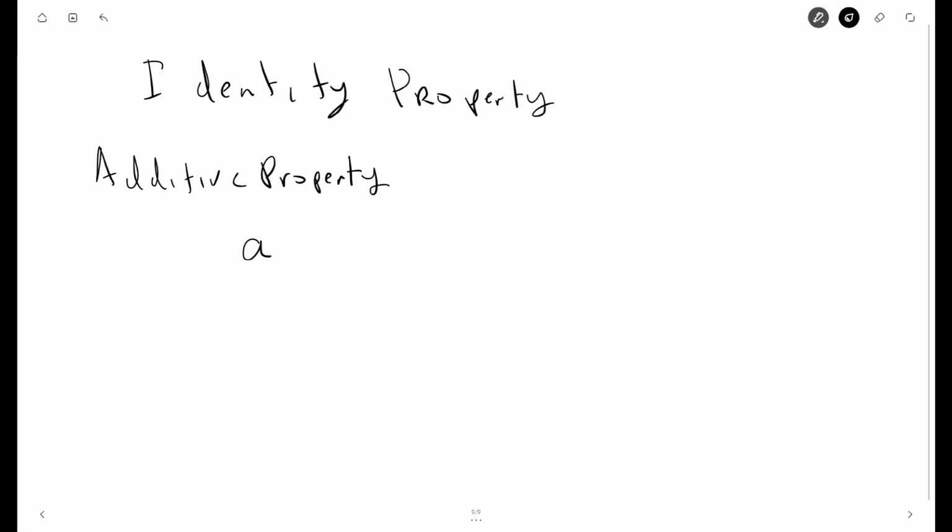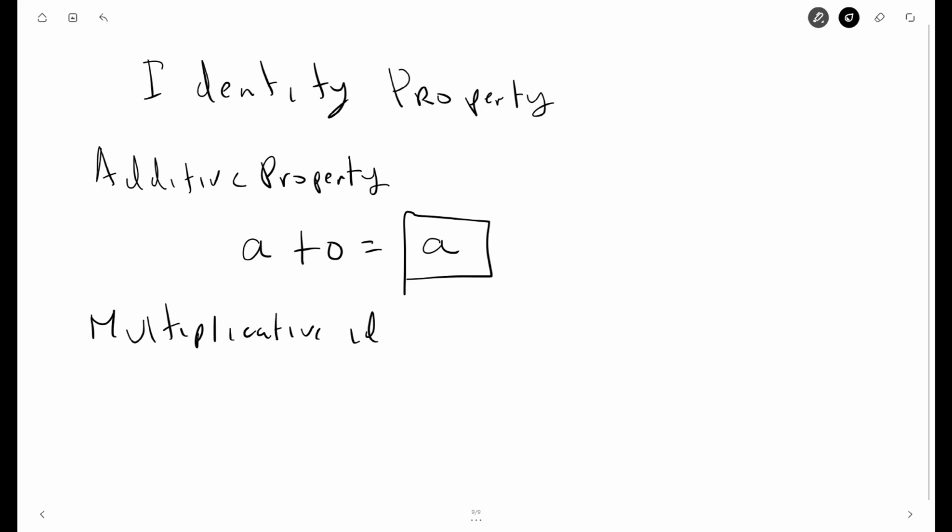So if the variable a contains a number and we add 0, then the sum a plus 0 is equal to a. And then the multiplicative identity states that multiplying any number by 1 does not change its value. So if we multiply a number a times 1, it's always a, so it does not change the original number.